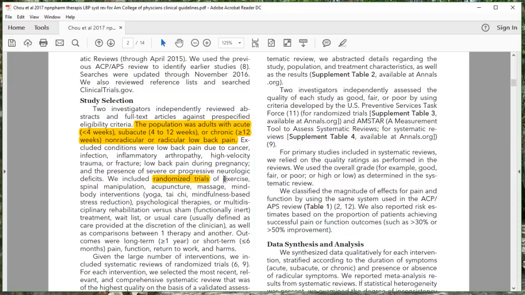And so exercise, spinal manipulation, acupuncture, etc., and this will show up in the results, but this sets their search terms, and it also helps us look at what it was compared to. So if there's a randomized trial with therapies, patients were randomized to something else, and that would be versus a sham condition, a wait list, or usual care, or comparisons between one therapy or another.